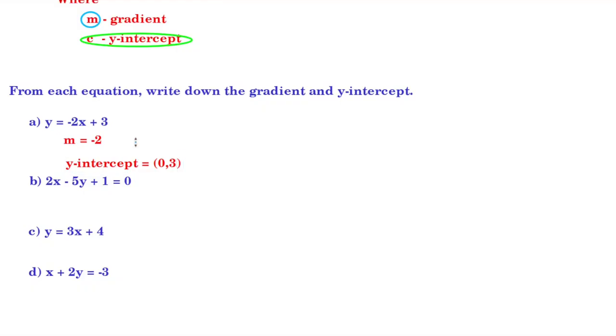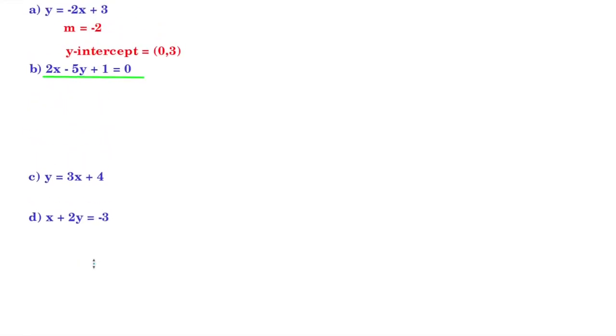Now, one thing you should notice for this equation is that it's not in the form y equals mx plus c. So the first thing to do is to make sure that the equation is in the form y equals mx plus c. How do we get that?